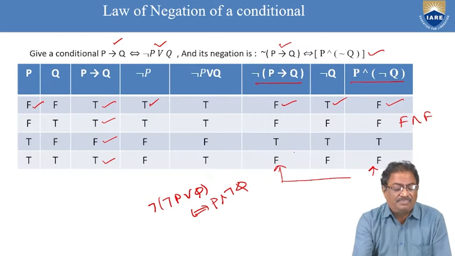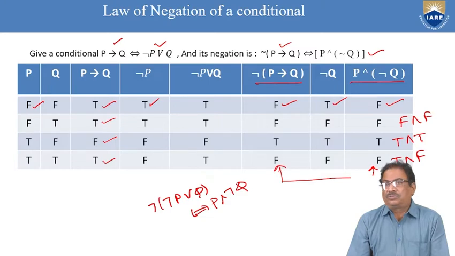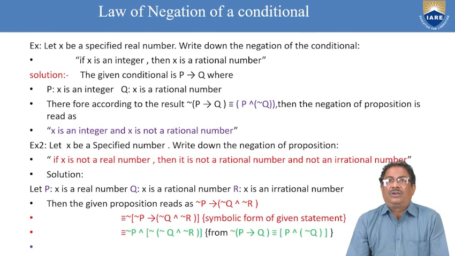And the next one is true and the negation of Q, which is also true, implies it is true. And the next one is true and then false, so it will become false. So whenever we are taking any conditional, then if you take the negation on both sides, it is also equivalent.